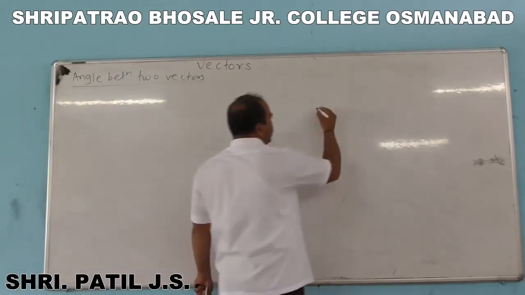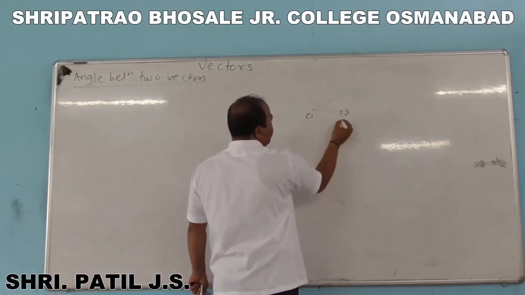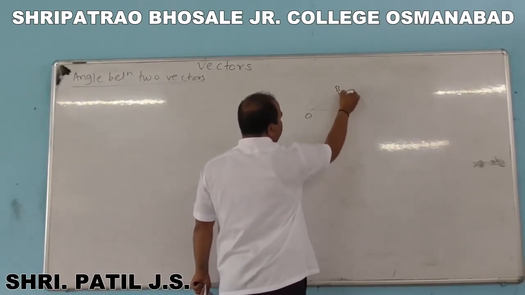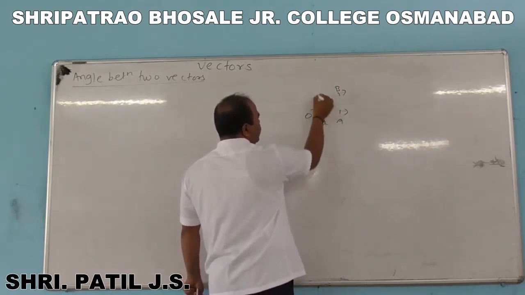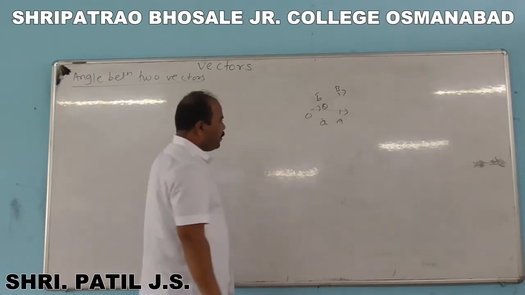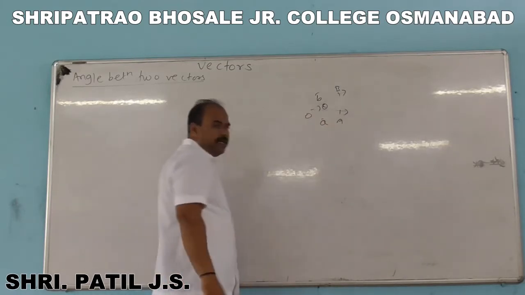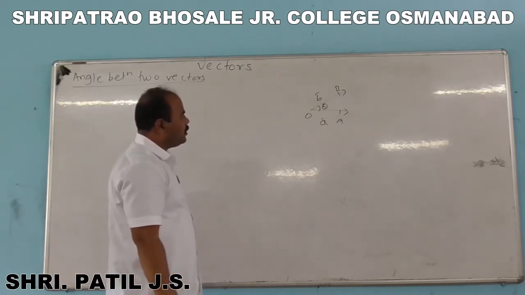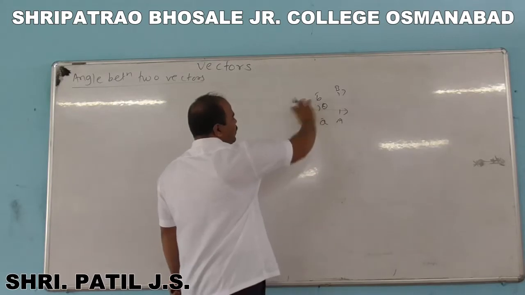Suppose two vectors A and B. This is O, A, B, where OA means A bar and OB means B bar. Here O is the initial point. Then we say that the angle between OA and OB is theta.